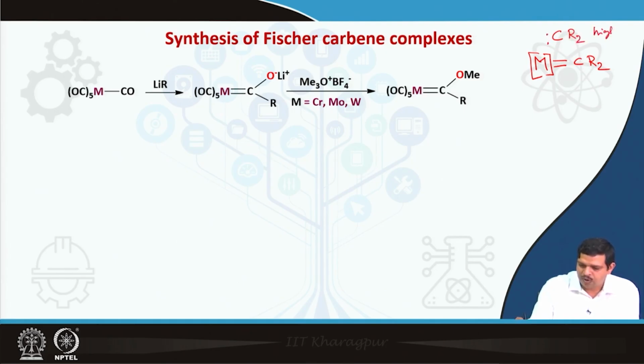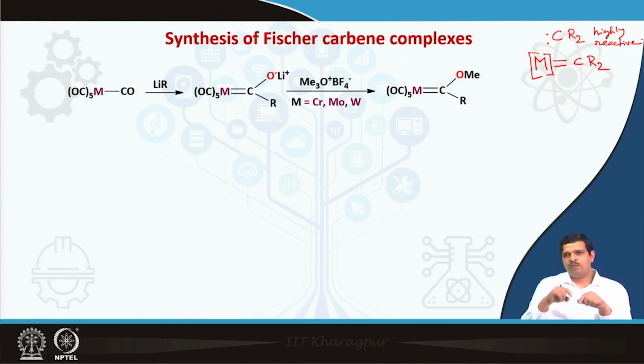We have already discussed very elaborately that this free carbene CR2 can exist as singlet and triplet, and these free carbenes are highly reactive, and they get stabilized by forming a complex with metal fragments, definitely with suitable metal species, precursors, and form this kind of metal-carbene complexes.